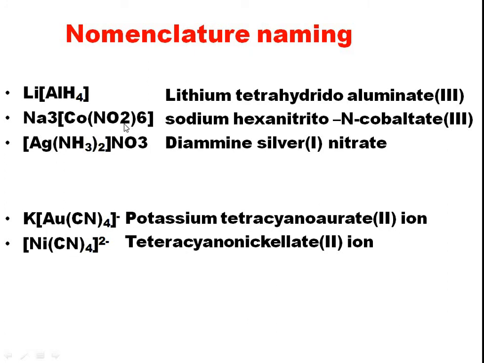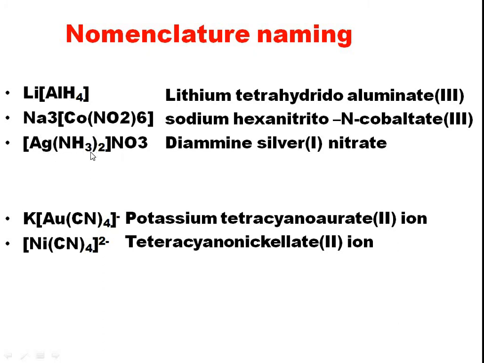We will name the ligand first: hexanitrito and cobaltate. N represents the atom of coordination that is coordinating with the central metal atom. Nitrogen is coordinating. We have written N cobaltate. In the same way here the cationic part is the complex part.